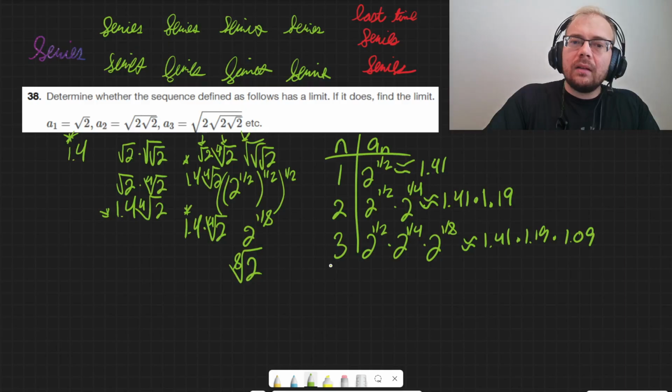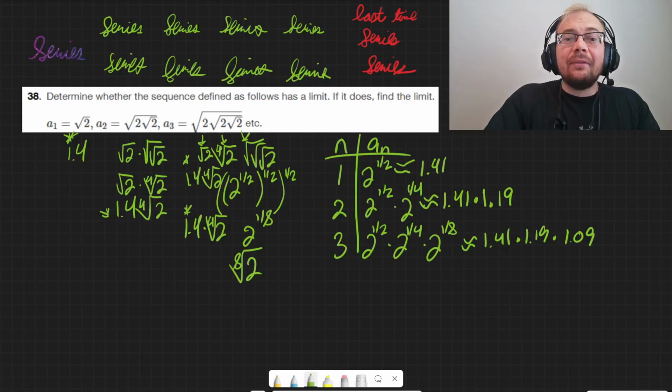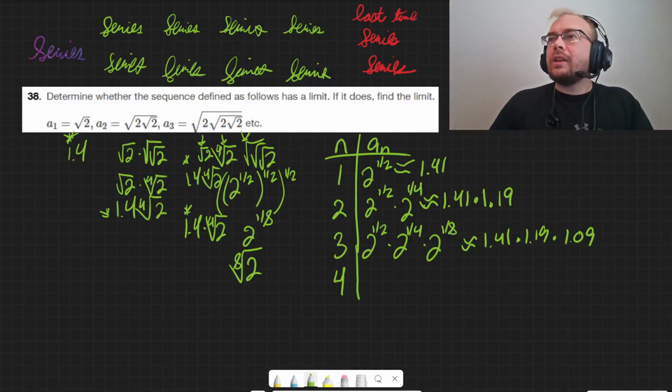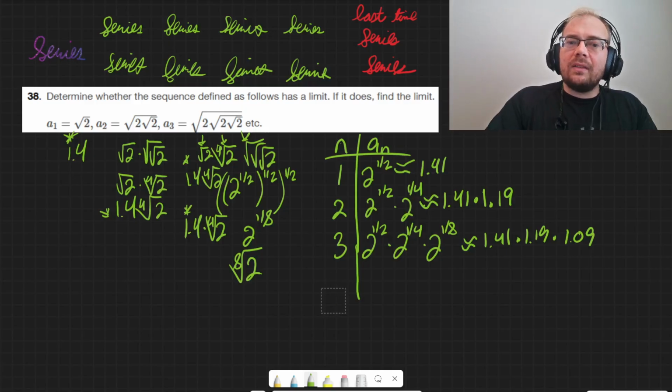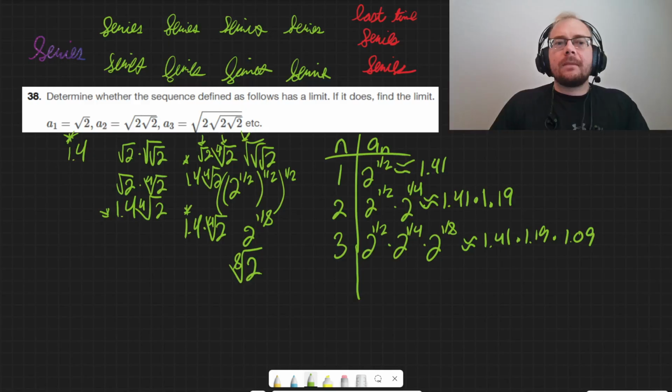Well, if it's eventually getting to timesing by 1, then it'll start leveling out eventually. So it's that and so on and so on. If we're going to infinity, then it's like an infinite recursive kind of thing there, basically.